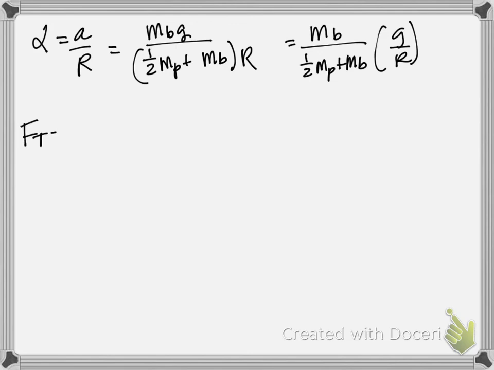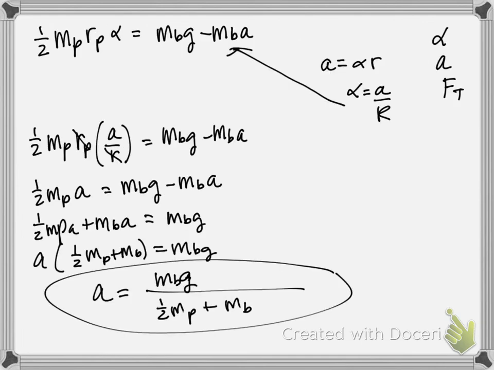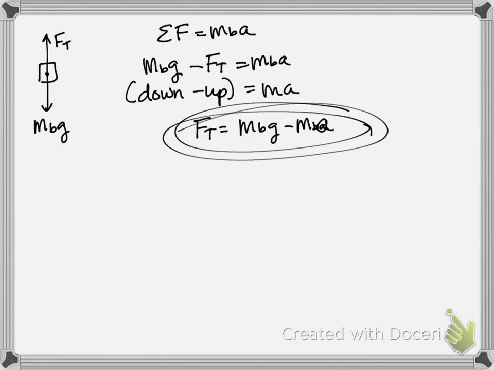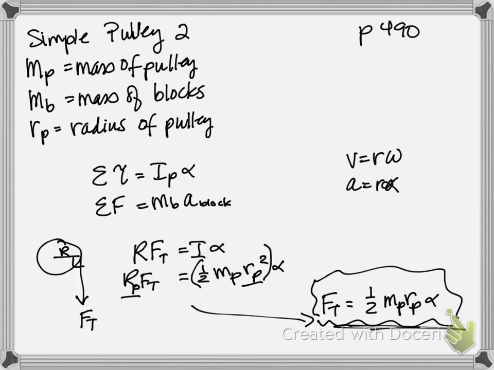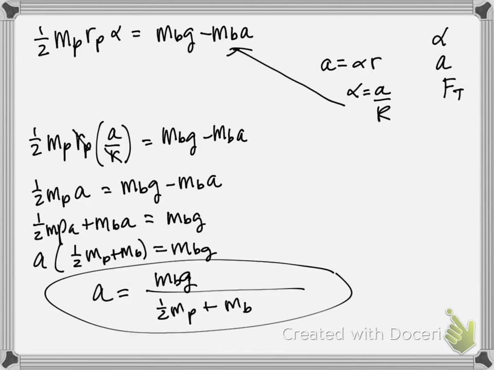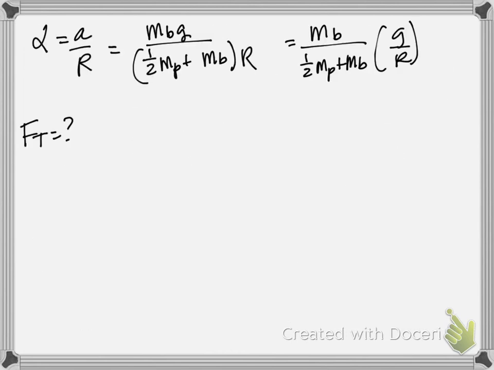Finally, how are we going to find the tension in the rope? Well, we have 2 expressions for tension, don't we? We have this one here, and we also have this one here. Now, I don't know why I decided to do this one, but this is what I did. FT equals 1/2 the mass of the pulley, the radius of the pulley times alpha.